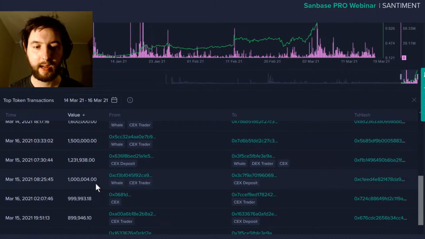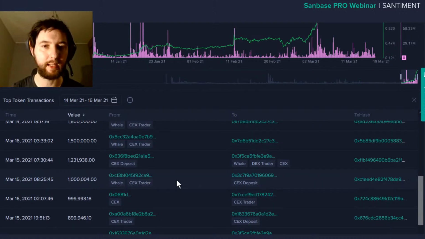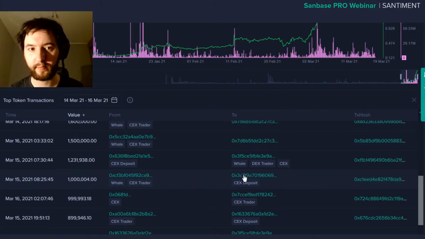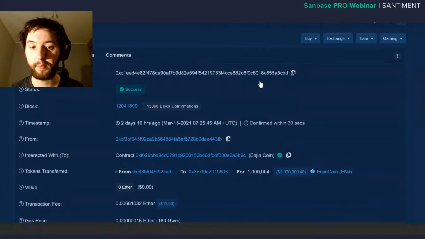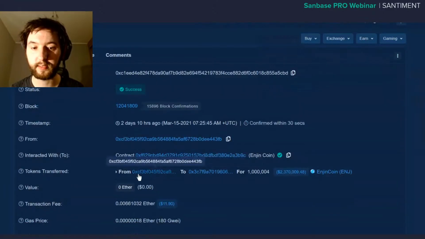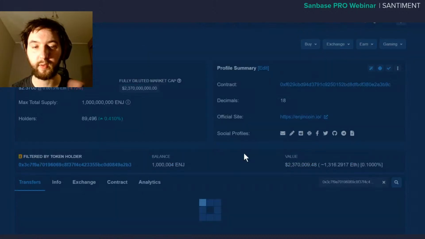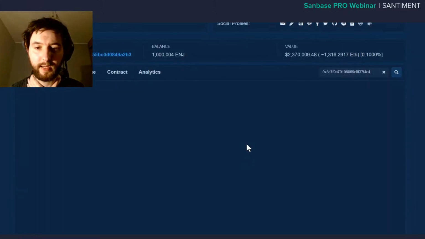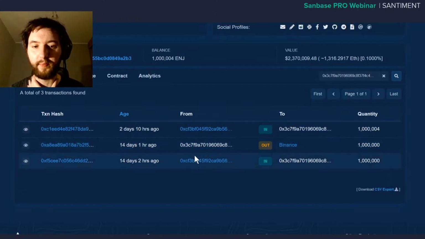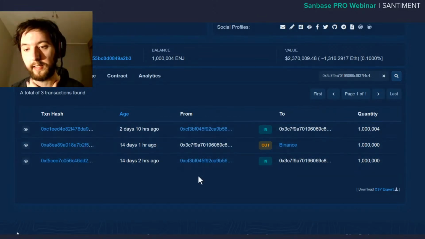So this is a transfer of a whale or a centralized exchange trader, so an address that very frequently interacts with a centralized exchange, to a deposit address. And you can actually look at it here. You can open it to see exactly where it went. So it's from this address to this address. And then when you click on this address, I believe it goes to Binance. Yeah, it goes to Binance. So this is a deposit address, and then eventually it goes to Binance.